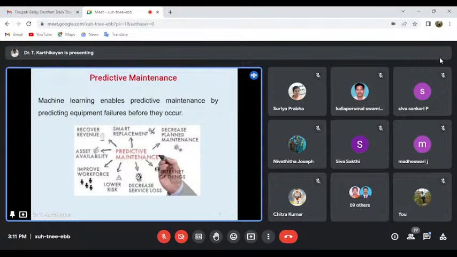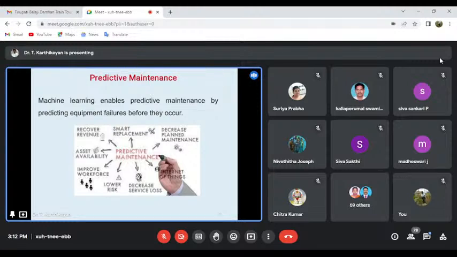So in the previous slide, we have seen that defective items can be removed by the machine itself and the accuracy can be increased. But by doing all this, what is the important thing in the manufacturing industry? The important thing is to improve the efficiency, to give more product when compared to the previous industry, which is nothing but industry 4.0.